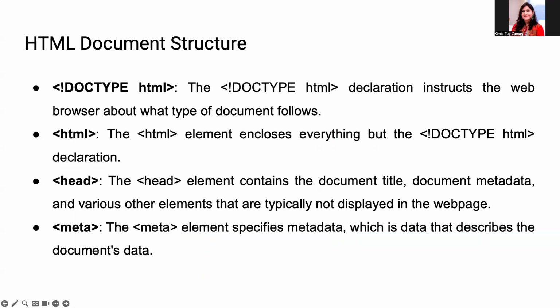Now that we understand elements and tags, let's look at some HTML components that are special and that form the basic structure of every web page. Let's start from the very top of every HTML page, the doctype HTML declaration. This line is not an element. Think of it as a label for your web page.